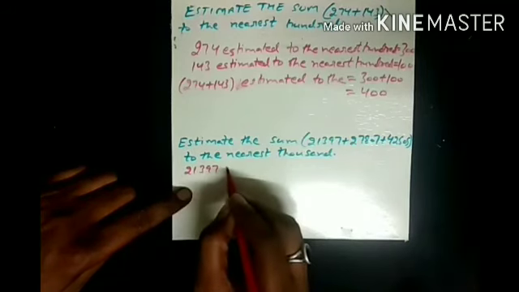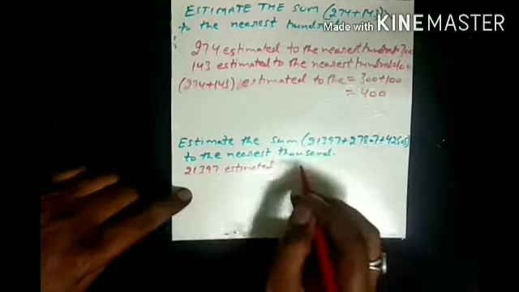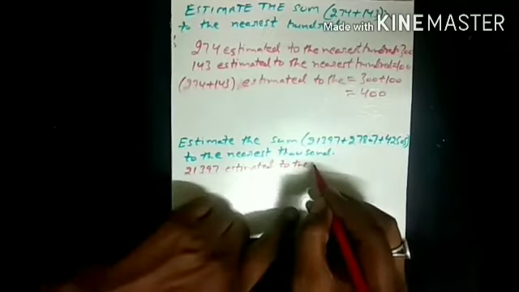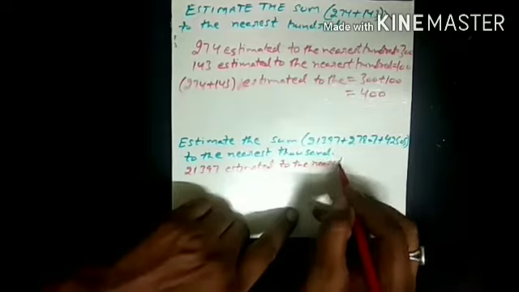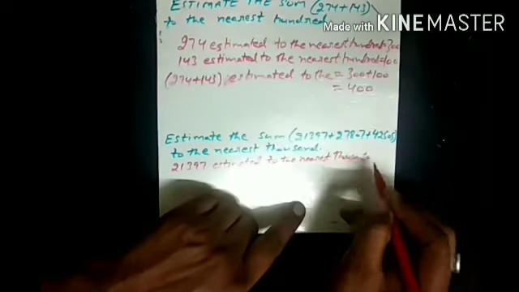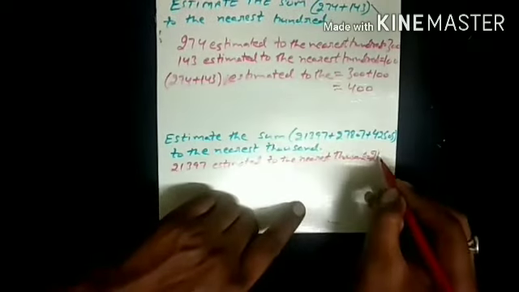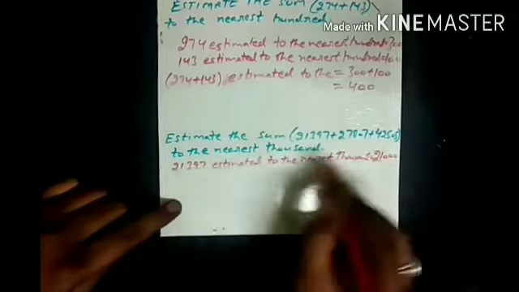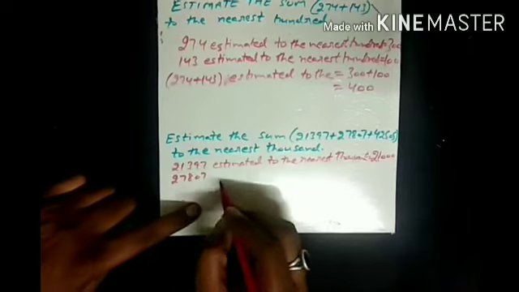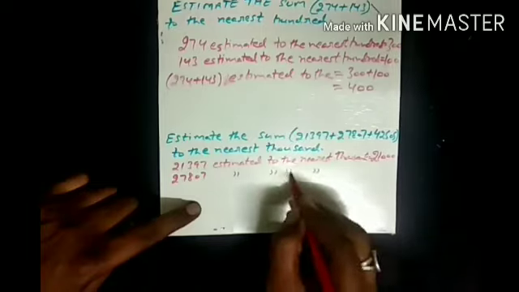Okay, so 21,397 estimated to the nearest 1000. Now it will be 21,000. Similarly 27,807 will be estimated to the nearest 1000.